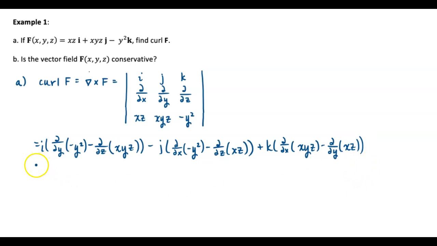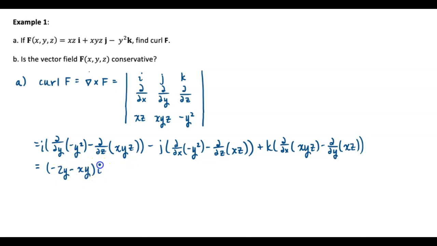Now we've just got to simplify. The partial with respect to y of negative y squared is negative 2y. So we've got negative 2y minus the partial with respect to z of xyz, treating x and y as constants, which leaves us with just xy.